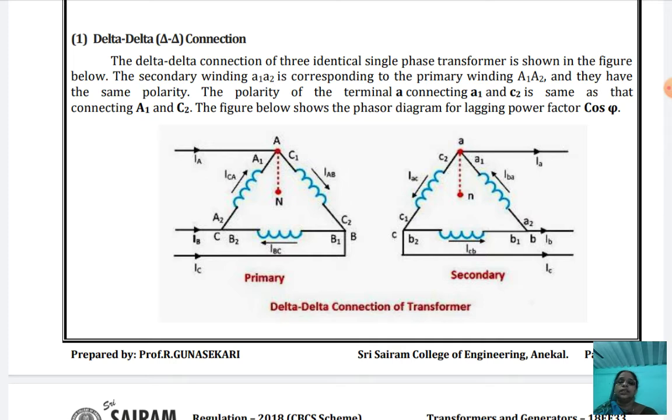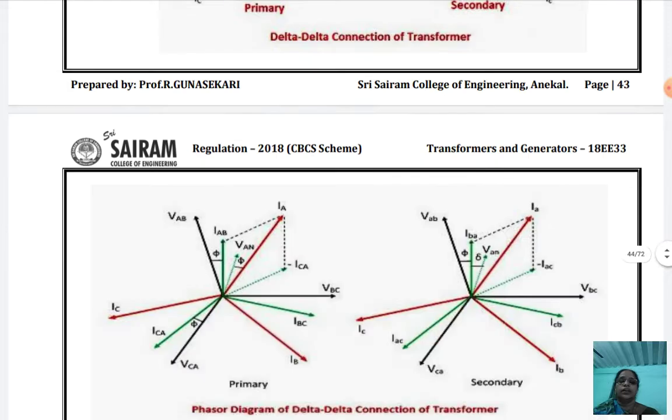The primary is incoming, that is IA, IB, IC. Then the secondary is outgoing, that is small ia, ib, and ic. The power factor is lagging power factor only. In this transformer you see, this is 0 degree, never shifted, and this is 0 degree, that is the delta-delta connection.